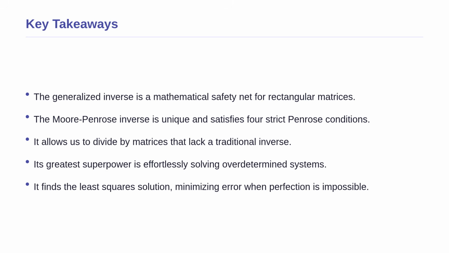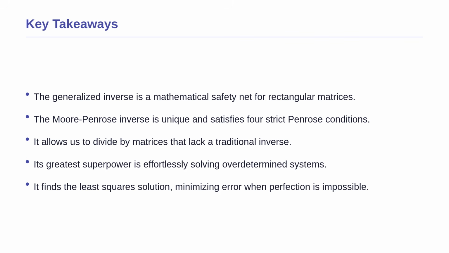We have covered a lot of ground today, so let us summarize the most important ideas. First, the generalized inverse acts as a mathematical safety net, allowing us to work with rectangular matrices that lack a traditional inverse. Second, we learned that the Moore-Penrose inverse is completely unique, governed by the 4 strict Penrose conditions that preserve geometric symmetry.